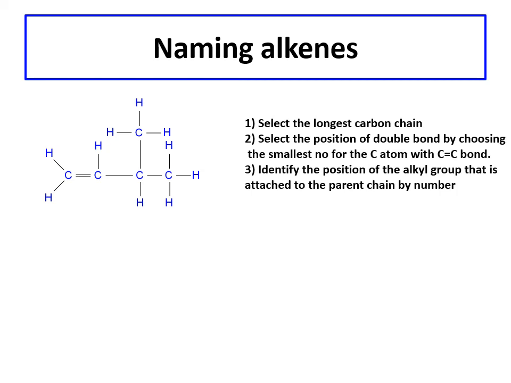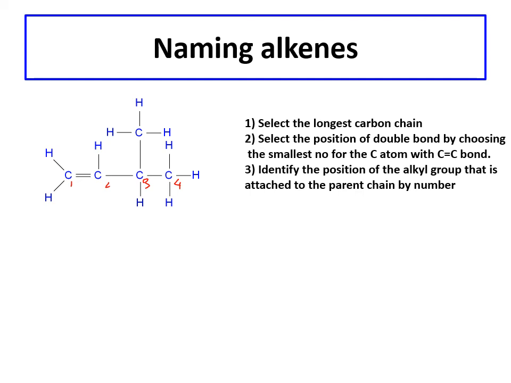So the longest carbon chain is 1, 2, 3, and 4, or you can go up like 1, 2, 3, and 4. So it's up to you. For me, it's easier if I just do it in a straight line so that we can see it clearly. What does it mean by number 2?